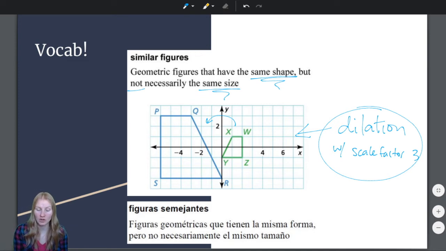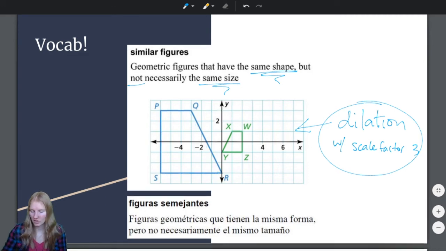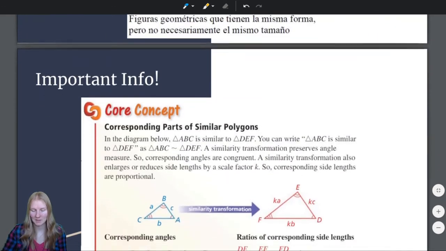So I can tell you how you get from the blue shape to the green shape with a dilation. Because they are similar figures, I can turn the blue shape into the green shape with a dilation. If you can't turn one shape into the other with a dilation, well, they're not really similar, are they? Okay, wonderful. That was the last vocab word.